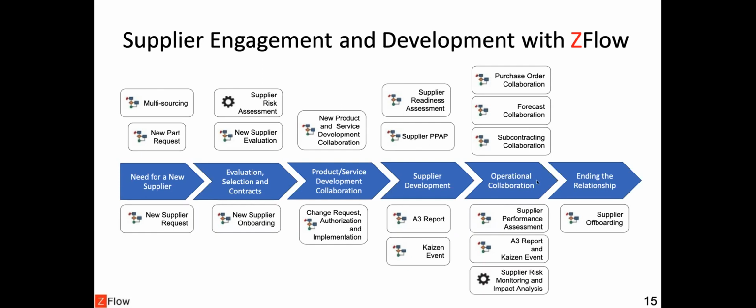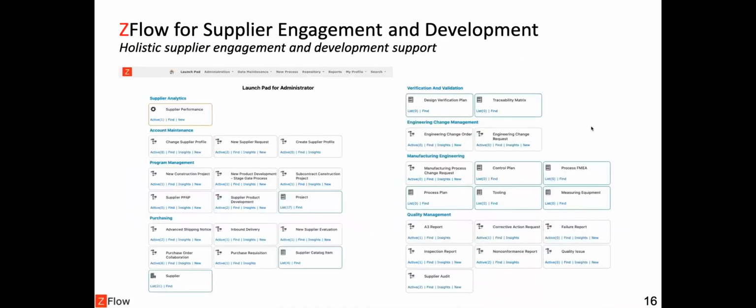But how do you assess supplier performance as they are working with you, and what do you continue to do when performance is not meeting standards, or you want to support continuous improvement at your suppliers? These are the types of approaches that we take.